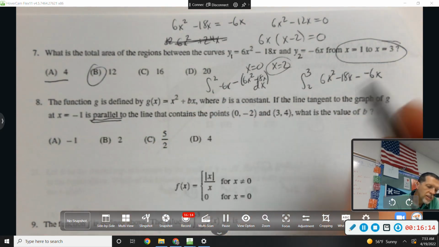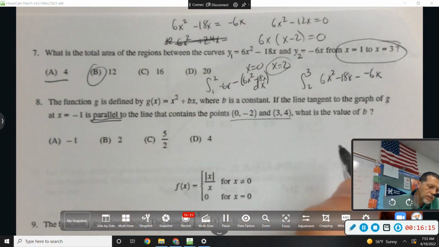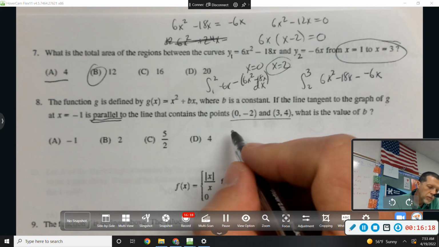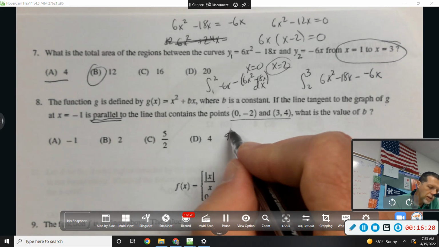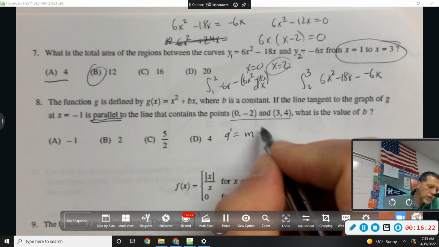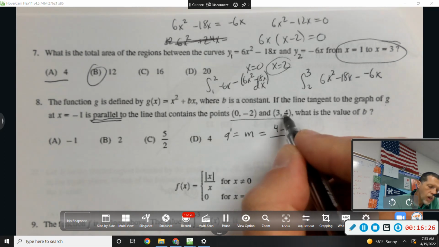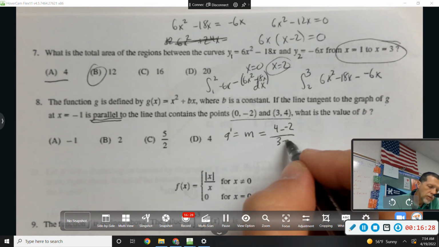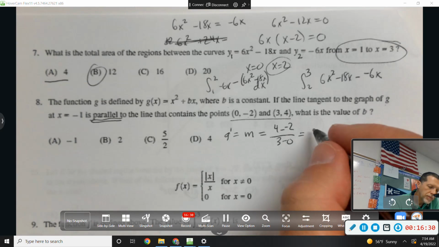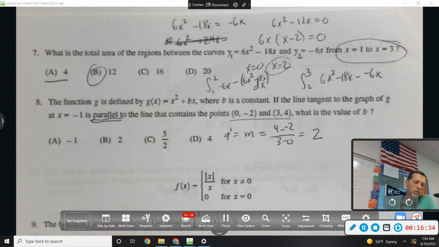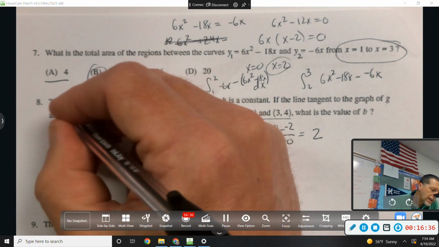To the line that contains these points, what's the value of b? Okay, well the slope is 4 minus negative 2 over 3 minus 0. 6 over 3 is 2. So the slope is 2 at x equals negative 1.